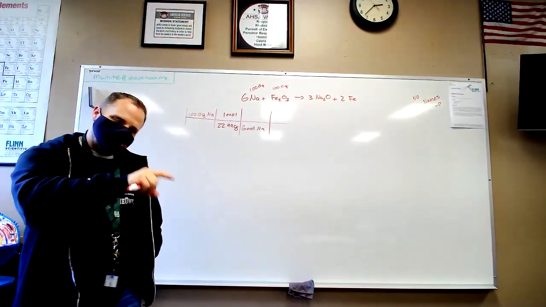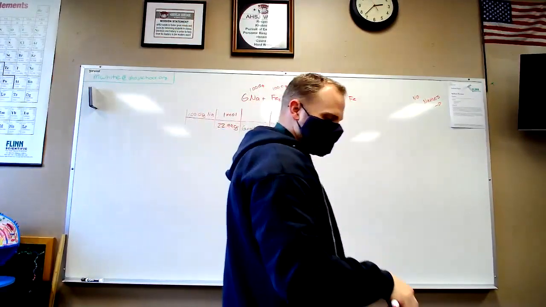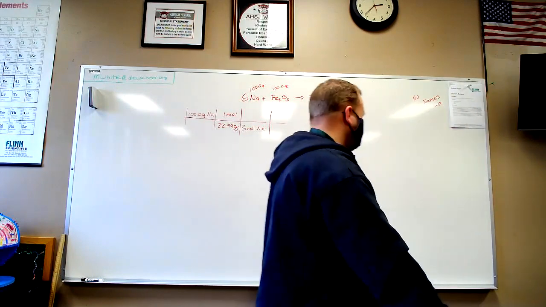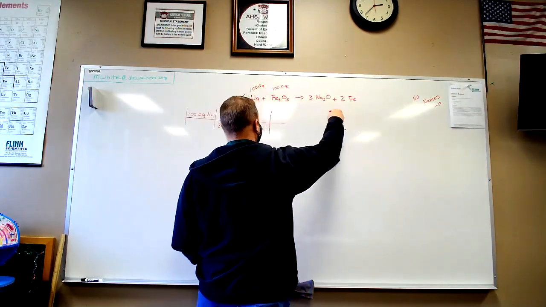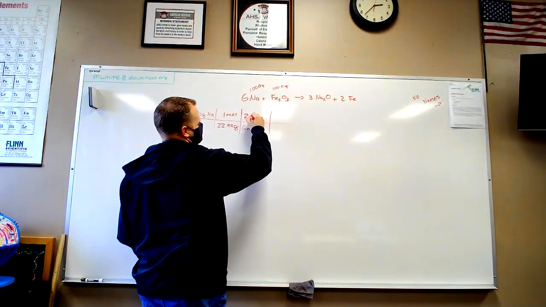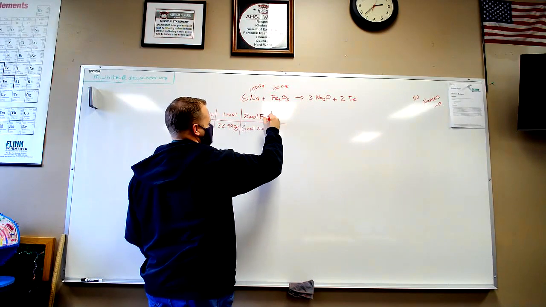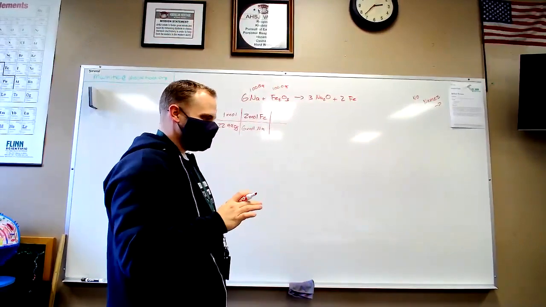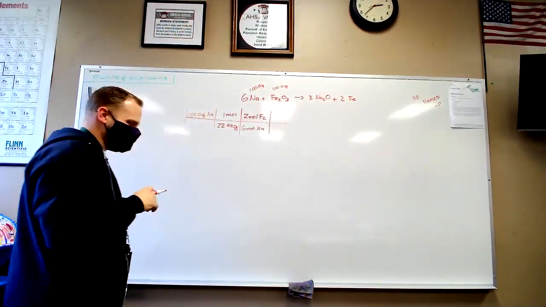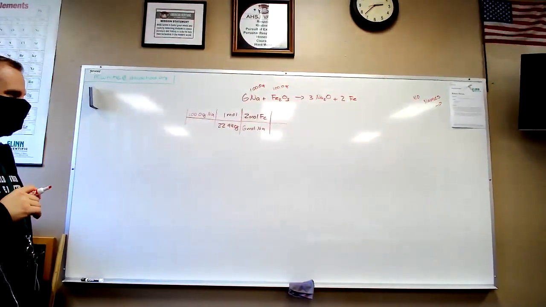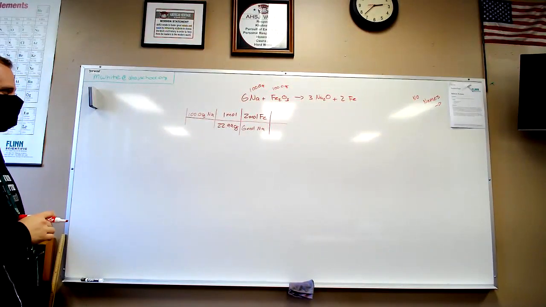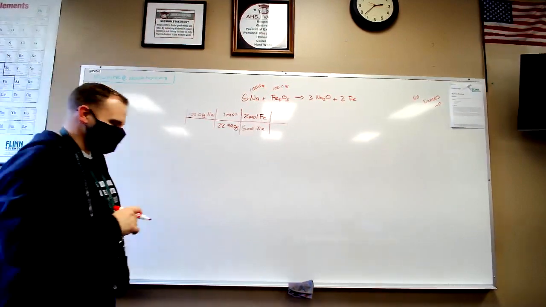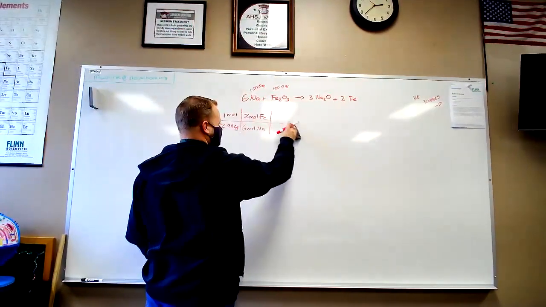But since the problem itself asks for the mass of iron, we're going to pick that one. And if we're just looking for the limiting reactant, we can stop there. Tell you what, we'll stop there for this one, so you can see how that works.